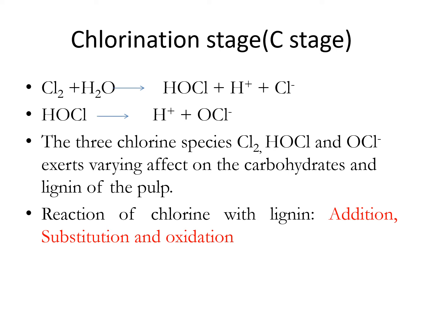Now, when chlorine gas is dissolved in water, we can see from the equation the equilibrium condition. It produces hypochlorous acid, hydrogen ion and chloride ion.